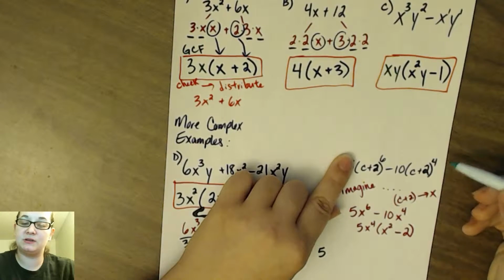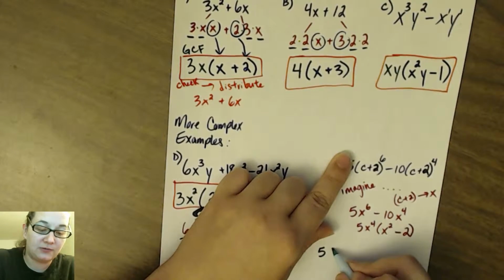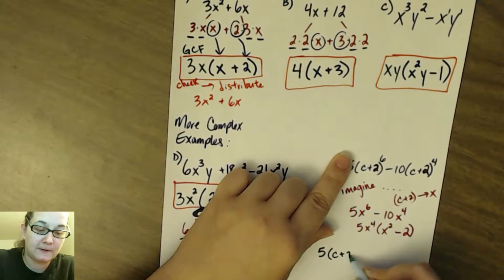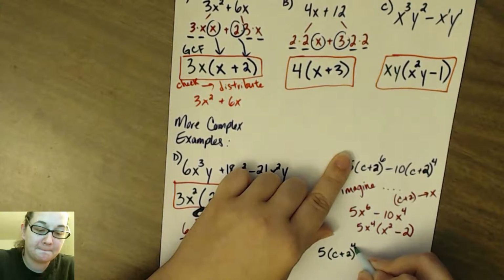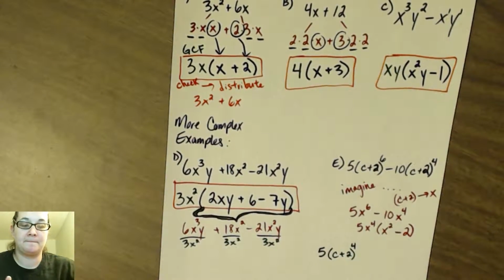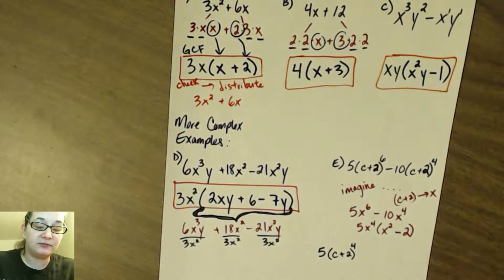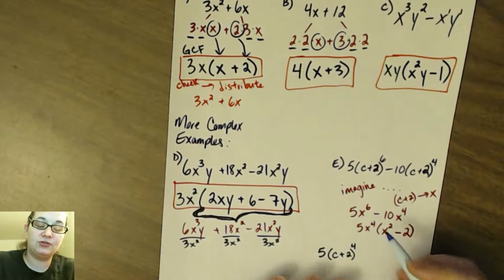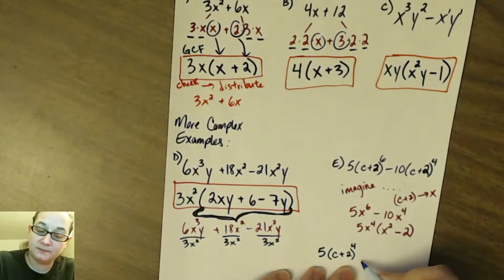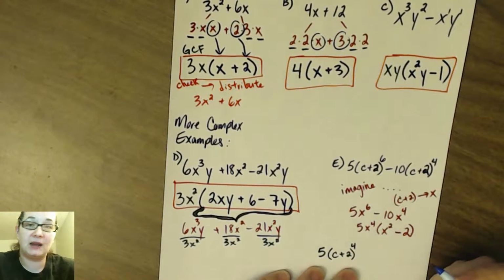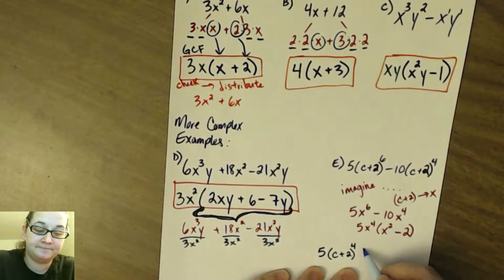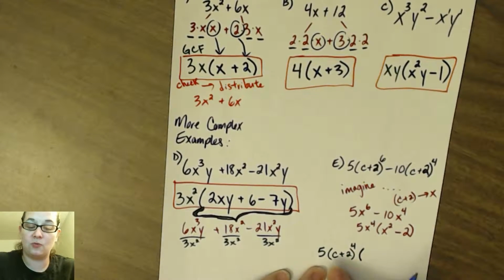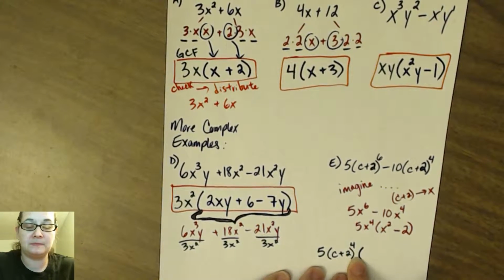So my lowest number is 4 of those things, so I'm going to pull out 4 of those things. And then whatever's left over, and you could use another parenthesis if you want. You could use a bracket if it makes you feel better. I'll use a parenthesis. Either way, it's showing multiplication.